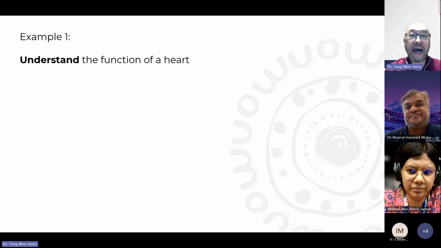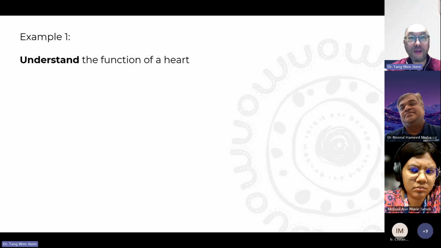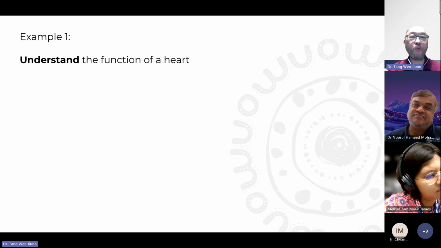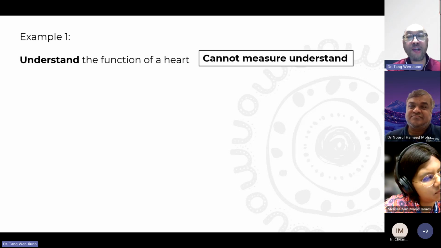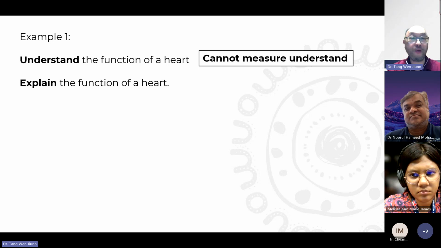So when we say understand something, what is the meaning of understand? If you look at Bloom's taxonomy, that's the level of understanding. Do you just need to describe something by memorizing, or do you need to explain using your own words? So when you say understand, it's too vague. You cannot measure understanding. Like what Nurul mentioned earlier, you can use an appropriate action verb.